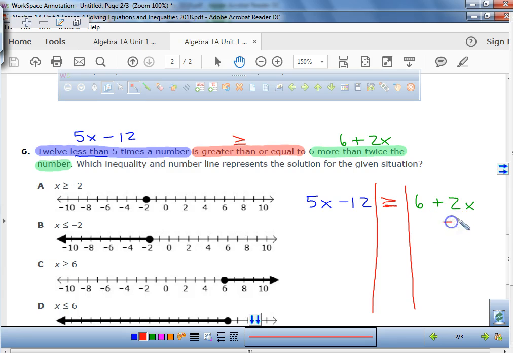That is right. Excellent job. We're going to take away 2x from this side of the inequality, and we're going to take away 2x from this side of the inequality. Very good. Now, what is 5x minus 2x? Yeah, 3x. 3x minus 12. Bringing down the what? Bringing down the old inequality sign. Got to bring down this 6 right there.